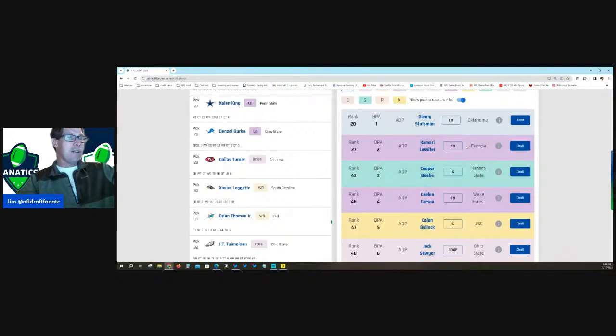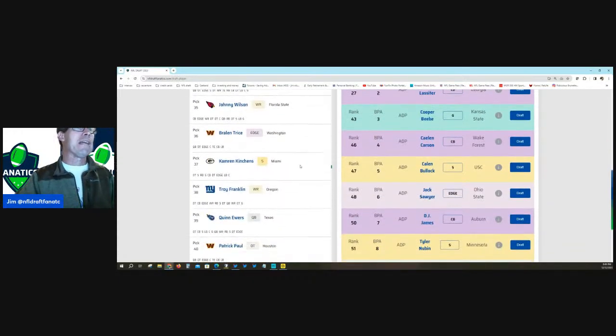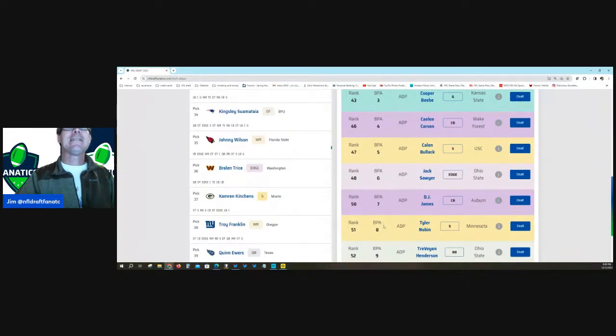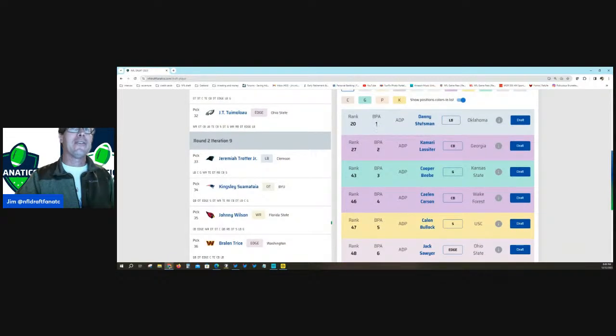If it doesn't select the top player, it's looking at the player list 2 through 8. So meaning that if the simulator was picking for Houston right now, it's considering everybody from Newbin to James to Sawyer to Bullock to Carson to Beebe to Lassiter to Stutzman. Those are the 8 players that it is considering.